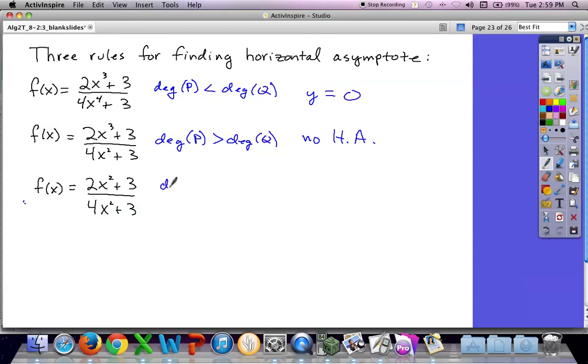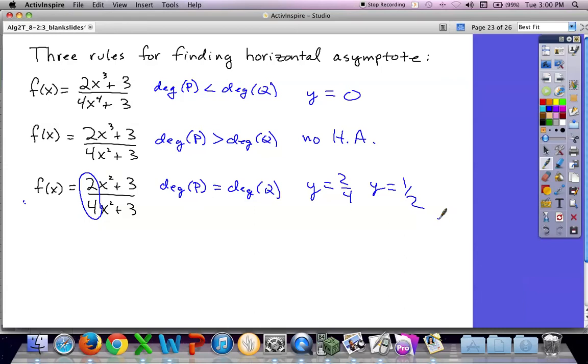So the degree of P equals the degree of Q. Then the horizontal asymptote is y equals the ratio of the coefficients of the highest degree terms. y equals 2 over 4, or y equals 1/2. Right, those are the 3 rules.